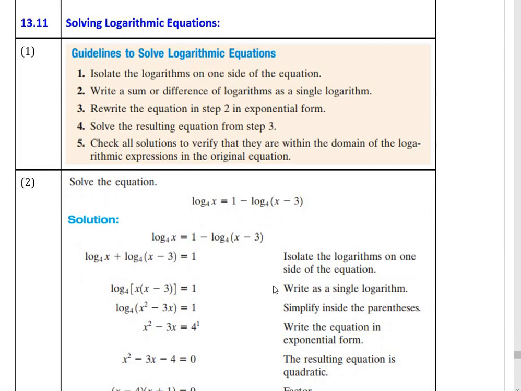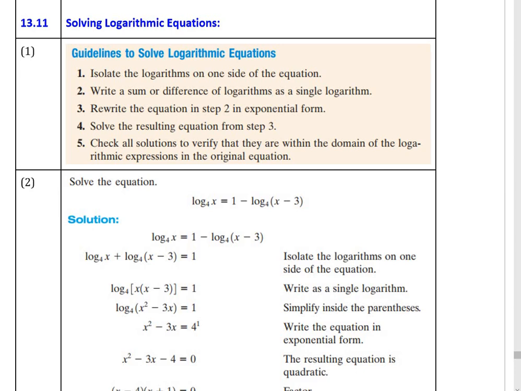Then the other important part is how to solve. Let us look, because the example will show us exactly how to do it. I've done the steps here for you at the top there.